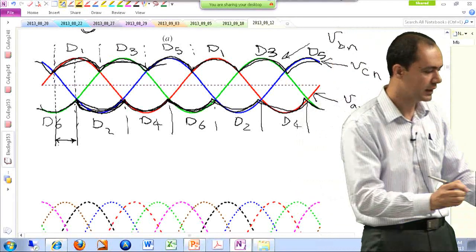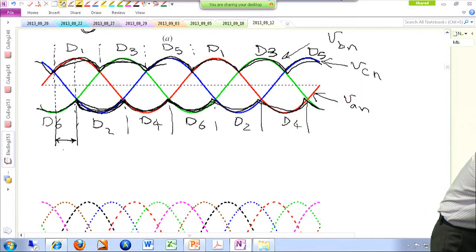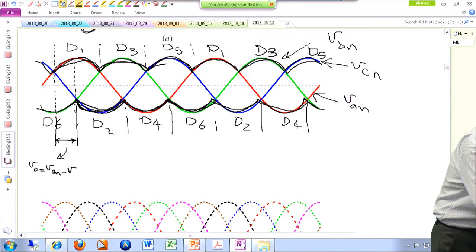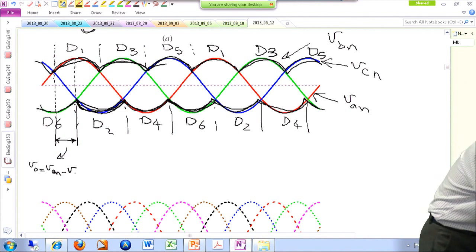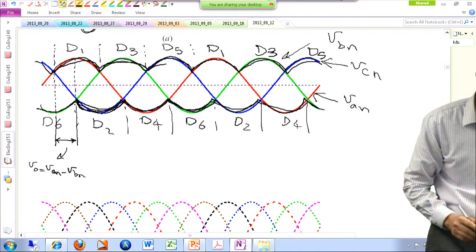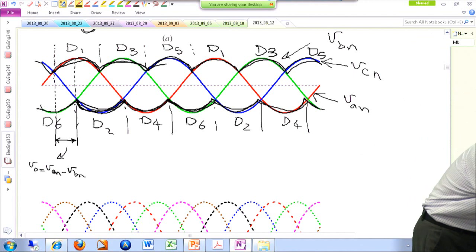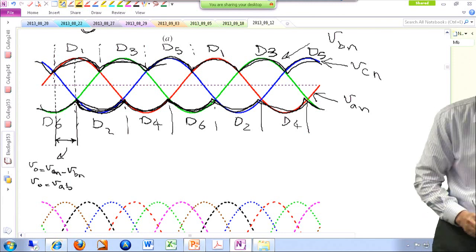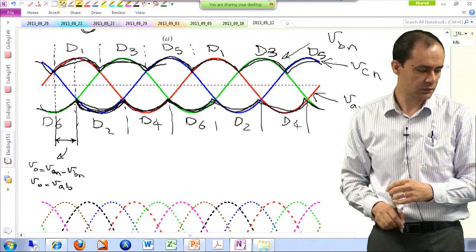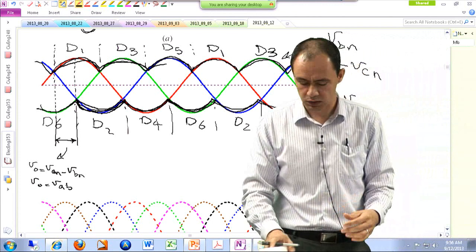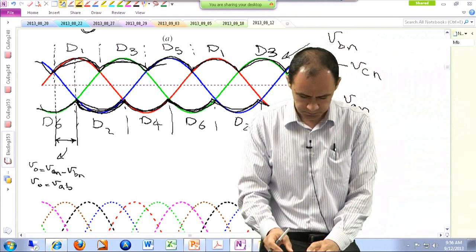So the output voltage is VAN minus VBN. The green is BN, right? VAN minus VBN is the line-to-line voltage of my source, which is VAB. So in this particular interval, I have to follow VAB to identify my output voltage.